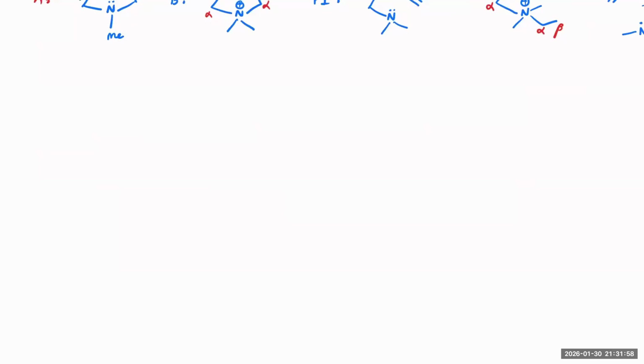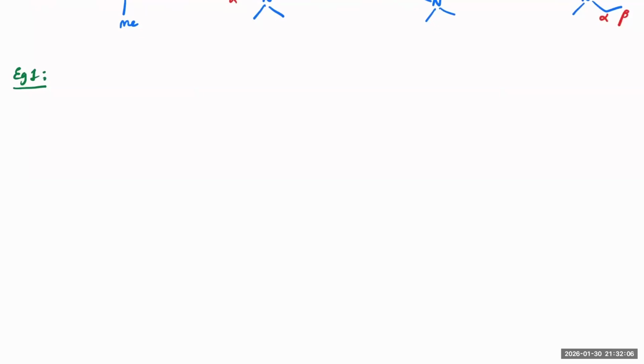See, first example. I have a compound like this, with the double bond. Please make a note simultaneously. And I have chlorine here. I'm treating this with H2O and heat. H2O and heat means you should think about the E1 mechanism.